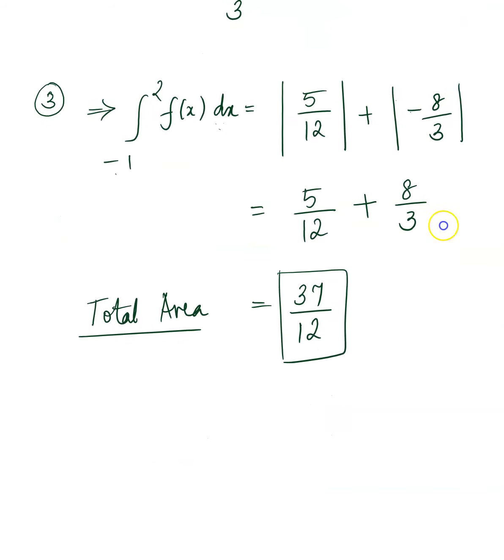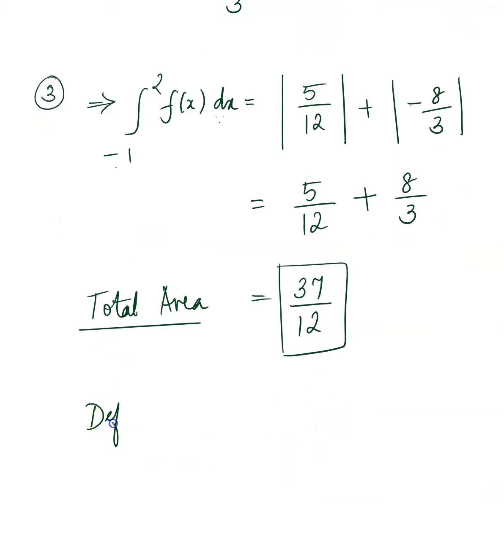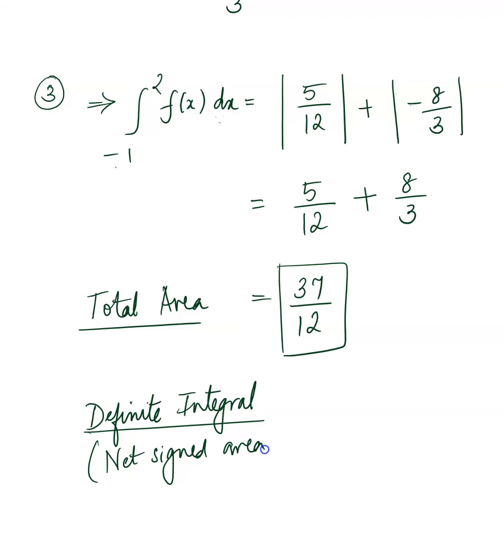If we didn't do that, if we did the definite integral, that will be the net signed area, then your answer would have been 5 over 12 minus 8 over 3. And that would give us a negative 27 over 12.